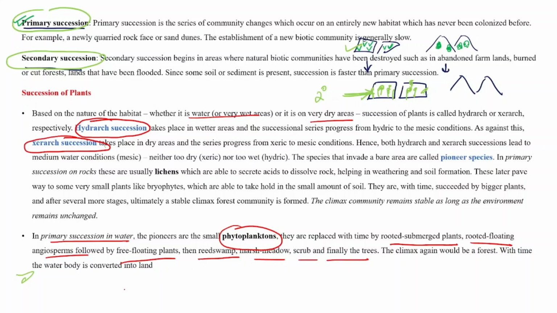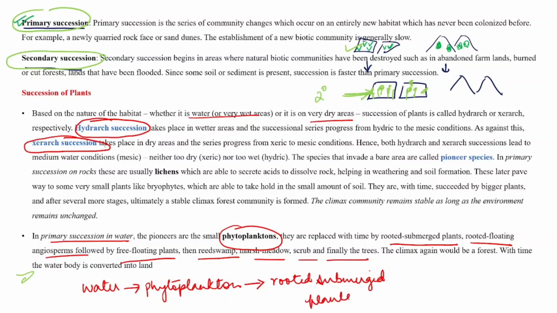So if you see here in water, in aquatic, what is the first species that comes? That is what we call phytoplankton, right? Then what will happen to the phytoplanktons? They will be replaced by rooted submerged plants. Then rooted submerged plants will again be replaced by rooted floating angiosperms.